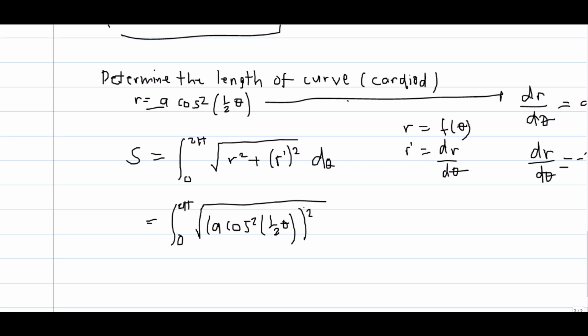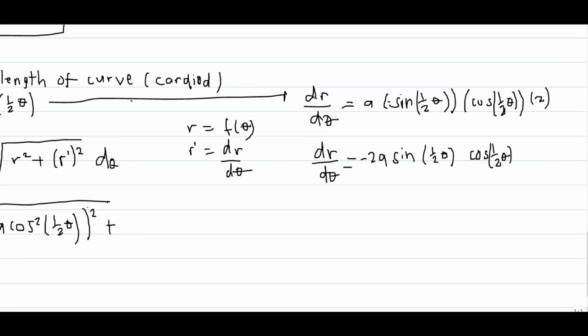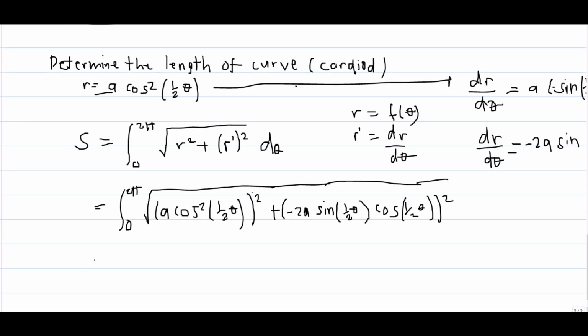Then we take this squared here, then plus, we can now input this quantity of negative 2a, then sine 1/2 theta, then cosine, quantity of 1/2 theta, then we take this squared here. Okay, so let us now simplify this.